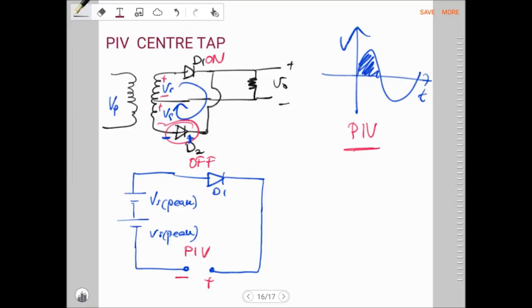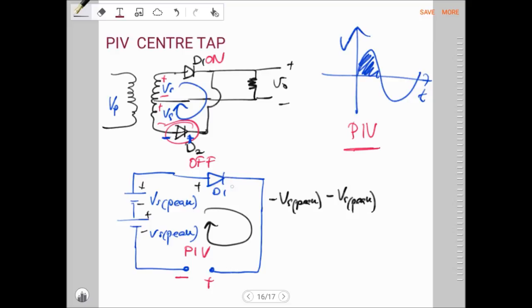Then let's look at the KVL. If I do a KVL over here, it will be VS peak minus VS peak, and then minus VS peak.